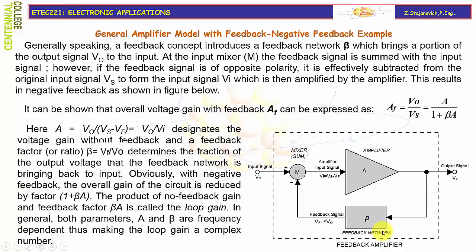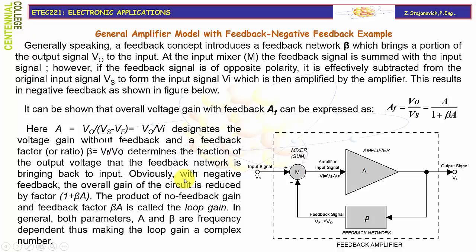It can be shown that the overall voltage gain with the feedback, call it AF, can be expressed as VO over Vs, by definition, to be A over 1 plus beta A. Here, the open loop gain A, being the ratio of VO over Vs minus Vf, designates the voltage gain without feedback, and the feedback factor or ratio beta determines the fraction of the output voltage that the feedback network is bringing back to the input.